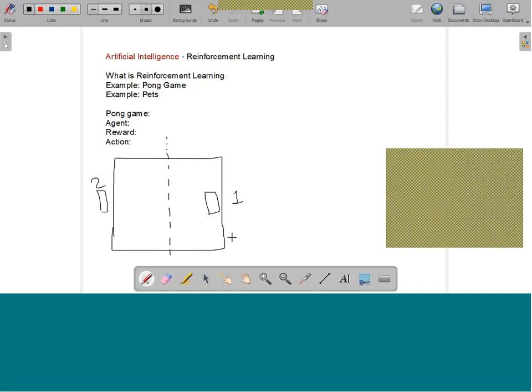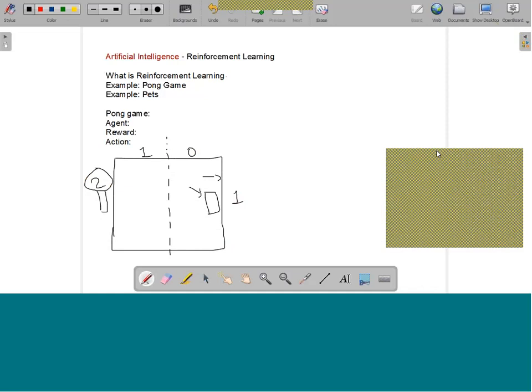If the ball is going into the area of player one, and it does not hit this bat and goes outside, then player two will get the score. Here you can see this is the score one, this is the score zero. Likewise you are getting the score.